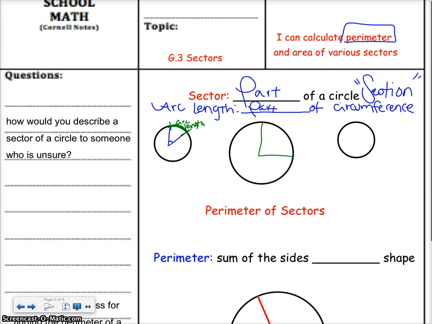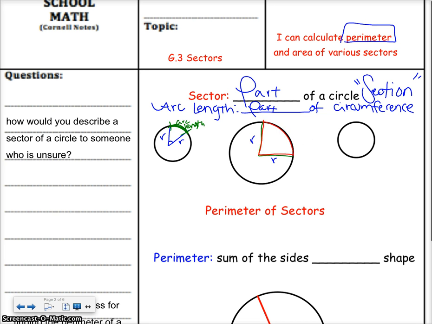Notice that always on the sides of sectors, it's connected together by radiuses. So a sector, if I were to pull a sector out, let me just do that quick. So there's my sector. If I were to pull it out, it's really two radiuses, isn't it?